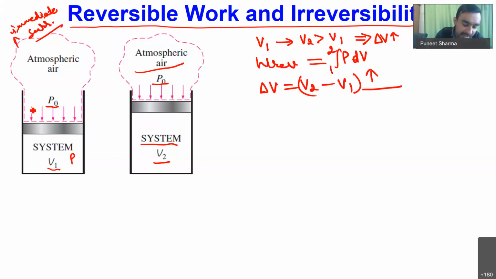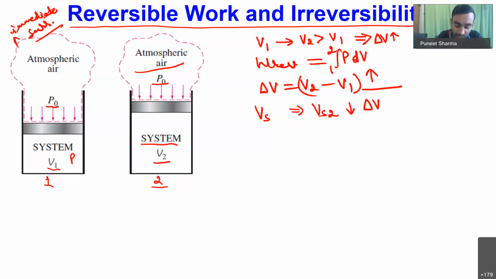Now if I consider my immediate surrounding, let us say its initial volume was Vs when the initial thermodynamic state of the system was 1, and when the final thermodynamic state of the system is 2, the corresponding surrounding volume is Vs2. So in my immediate surrounding, the volume has decreased by the amount delta V. Whatever increase of volume we have in our system, by the same amount the volume of the immediate surrounding has decreased.